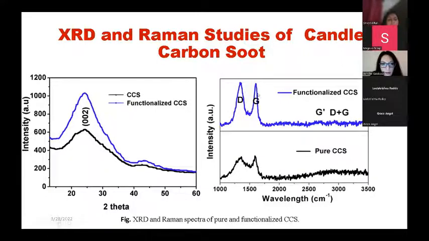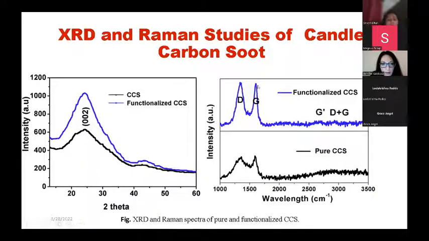And the Raman spectra also confirm that after the functionalization of the carbon soot, the intensity of the D band and G band increases significantly, and a new band also appears. As we know, D indicates the disorder in the CNTs, or we can say the attachment of functional groups on the carbon soot, and G indicates the graphitic order of the carbon soot, which increased after the functionalization, and the G' band indicates that the electrical conductivity is improved.